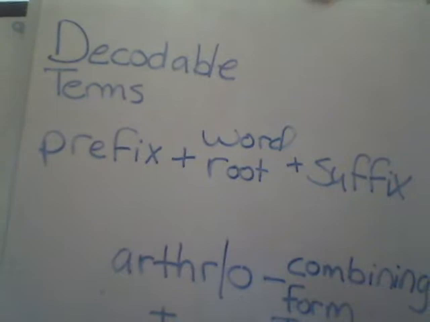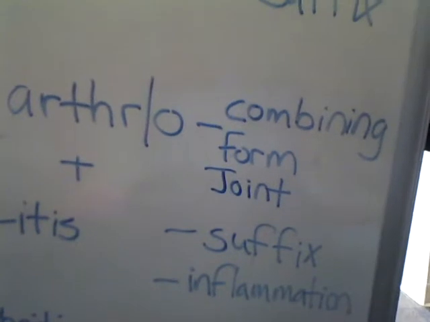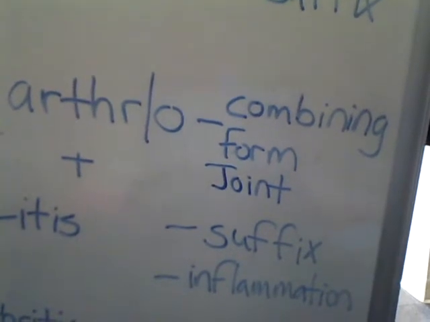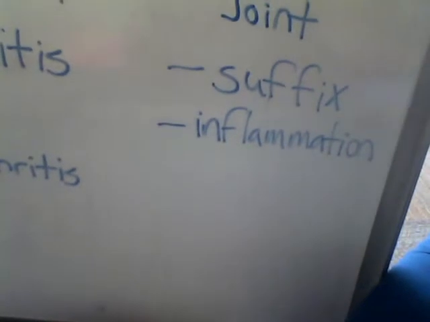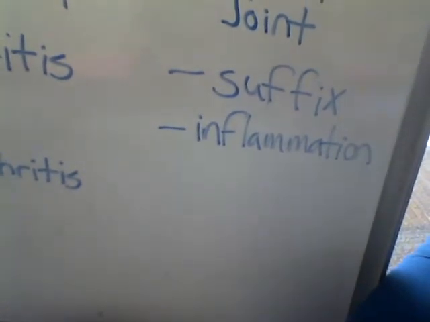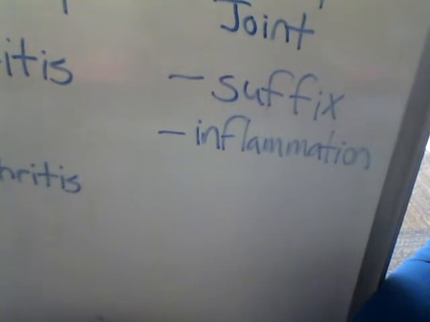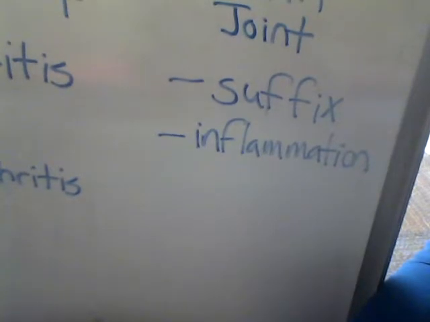Okay, that's a combining form, and it has a suffix itis, which means inflammation. We can combine that into one term, arthritis, and we will understand that it has a meaning of inflammation of a joint. We would refer to this as a decodable term.